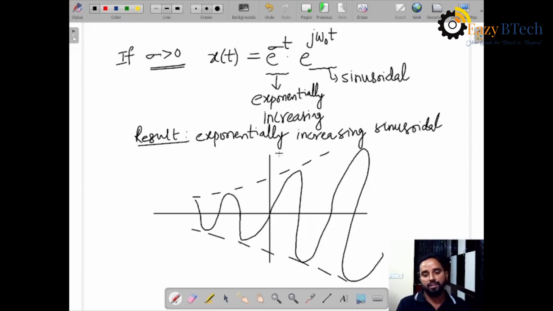Why are these sinusoidal oscillations increasing? Because of this e power sigma t. Here sigma is positive. That is the reason. Understand?